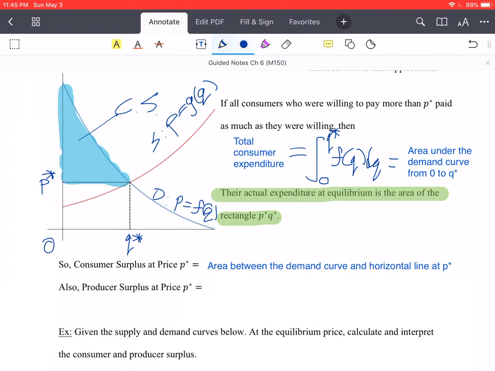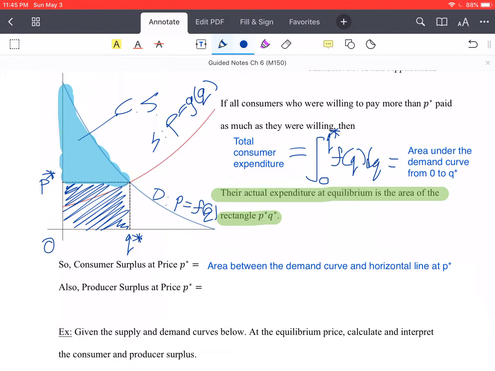So right now, the producers are making this much money, right? Because they're charging this many dollars for this many products. So the area of that rectangle is how much the producers are making right now.